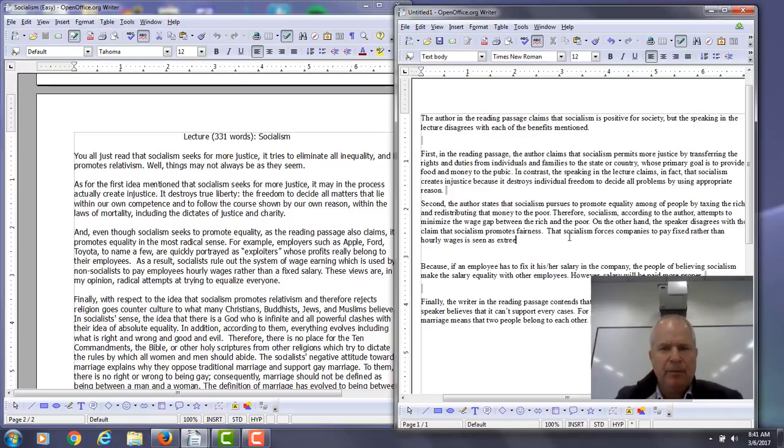I'm going to say extreme, to equalize all workers. Notice how I'm using a noun clause here. I could have said here, the fact that socialism forces companies to pay fixed rather than hourly wages is seen as an extreme attempt to equalize all workers.